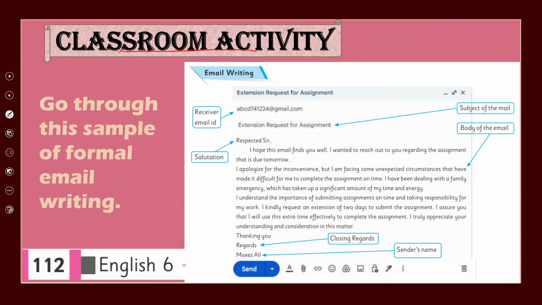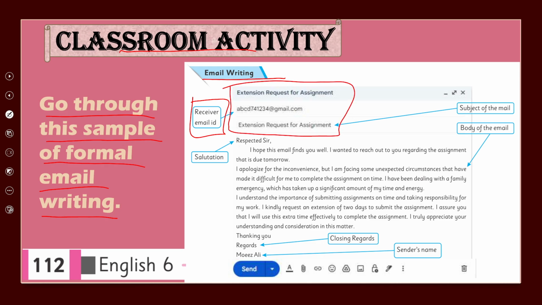Classroom activity. Go through this sample of formal email writing. Now, email writing, receiver email ID, this is called, right? And this portion consists of two parts, subject of the email and body of the email.